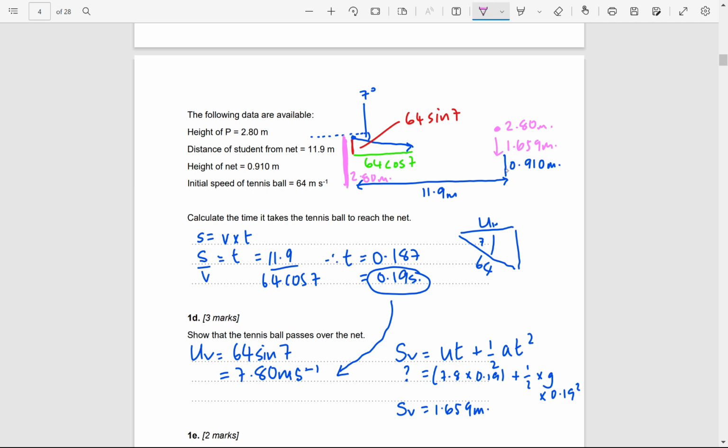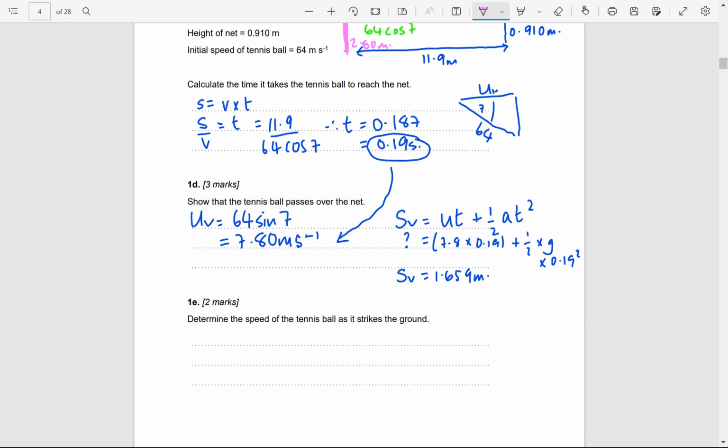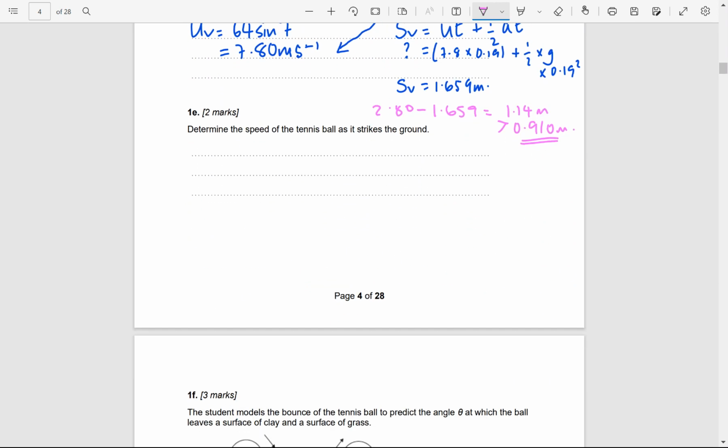Is it going to be lower than 0.91, in which case it won't go over the net, or is 2.8 minus the distance it's fallen still higher than 0.91? And indeed, if we work that through, 2.8 minus 1.659, by the time it hits the net, it is at 1.14 meters, which is greater than 0.91. So it's going to miss the net. It's going to fly straight over.